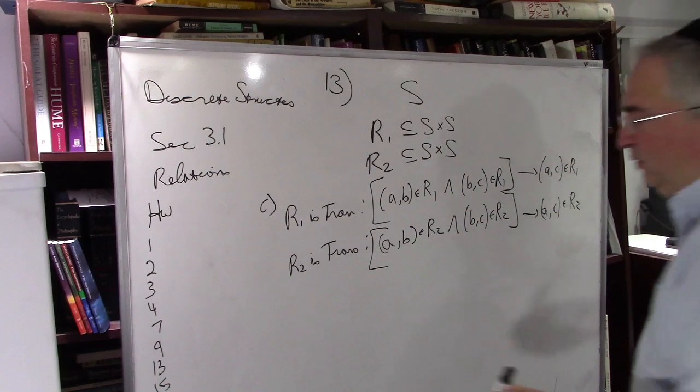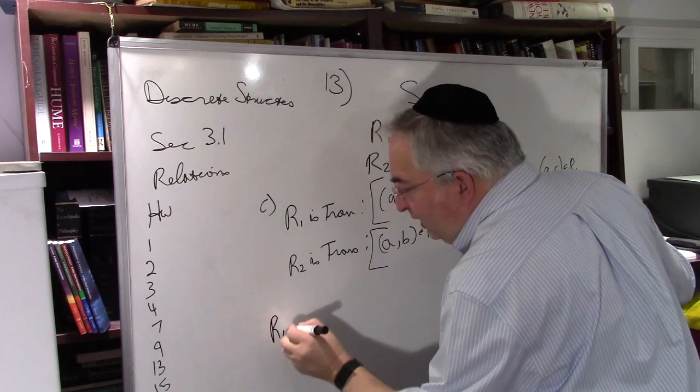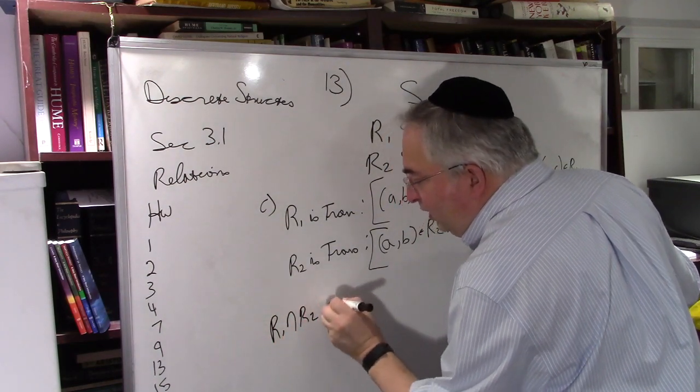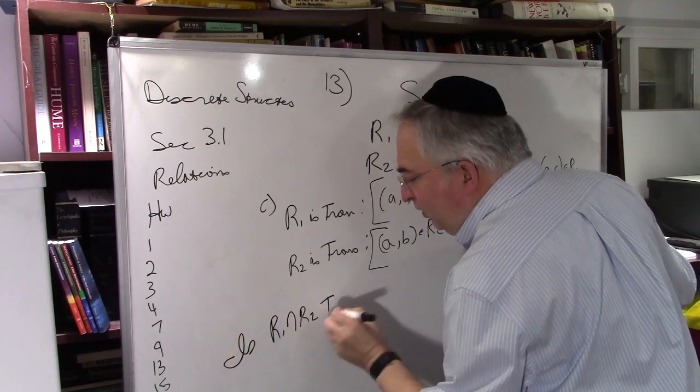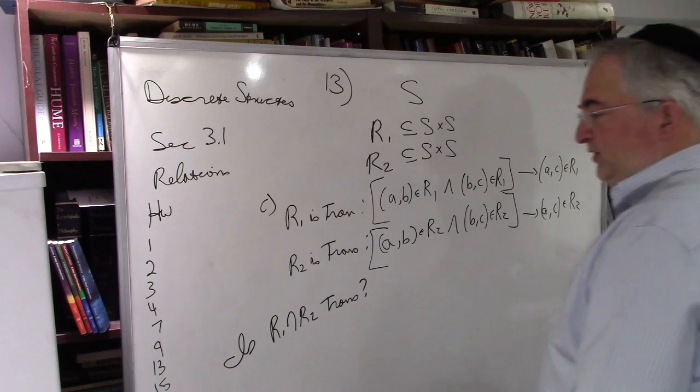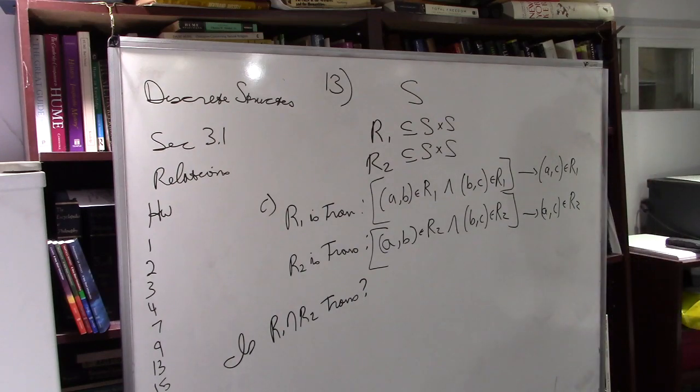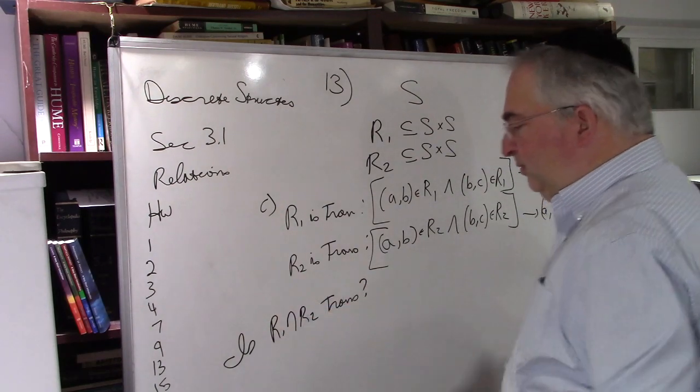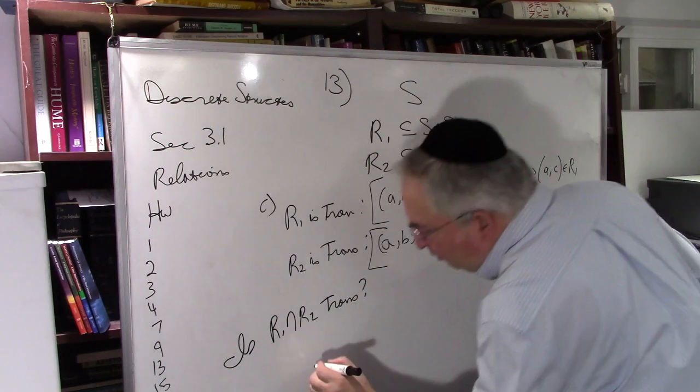Now we ask the following question: is R1 intersect R2 transitive? That's the question we're asking. We want to know what it means to be transitive.